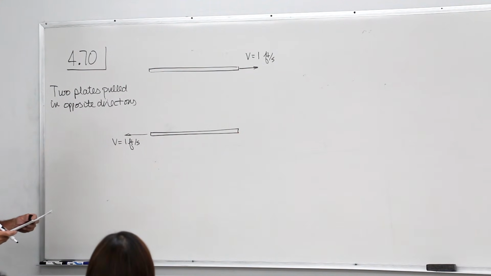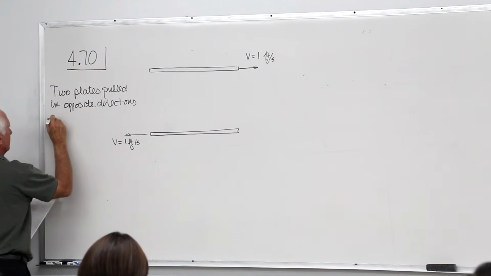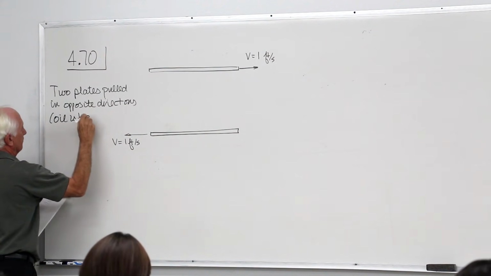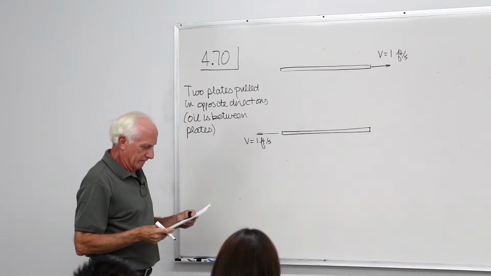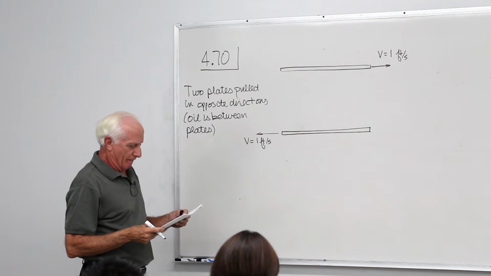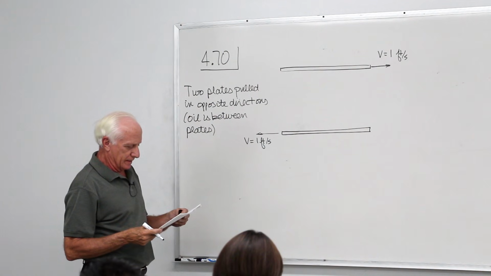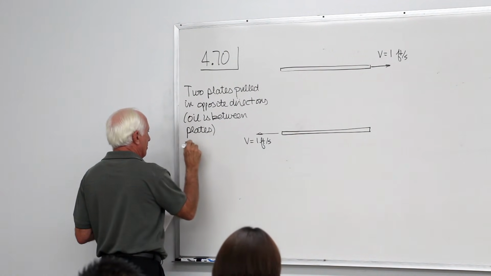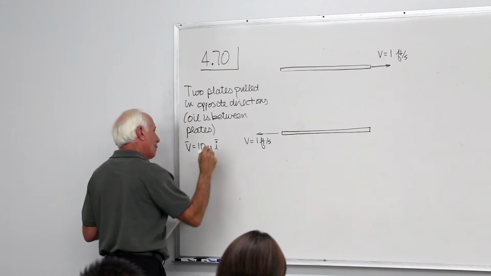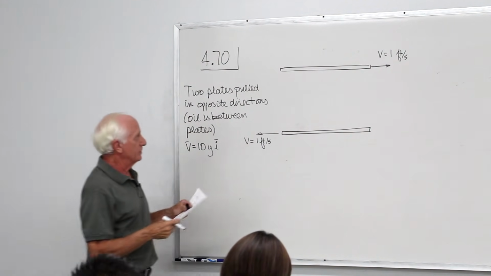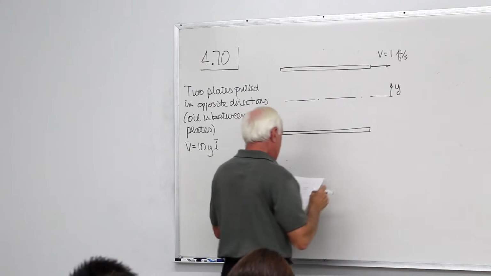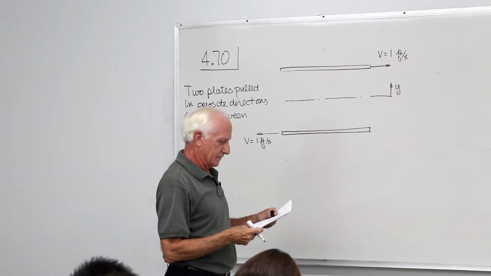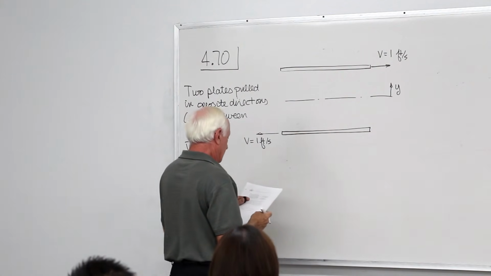Oil is between the two plates. The velocity is 10y times i, where y is measured from the middle. And the distances are 0.1 feet, oh, I'm sorry, 0.2 feet.